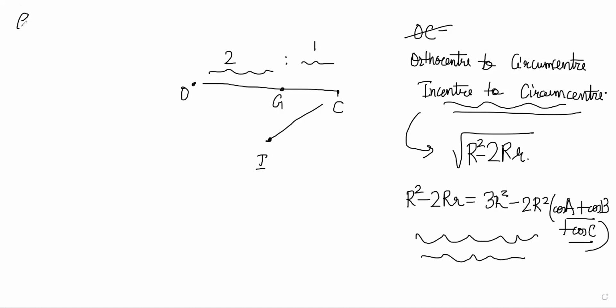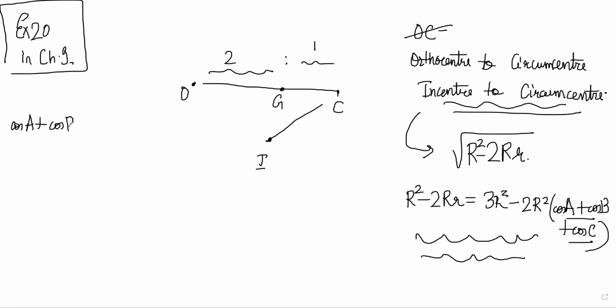If you turn over to exercise 20 in chapter 9, you will get an identity for cos A plus cos B plus cos C in a triangle. In any triangle, cos A plus cos B plus cos C will be a special thing. So turn over to exercise 20, chapter number 9.